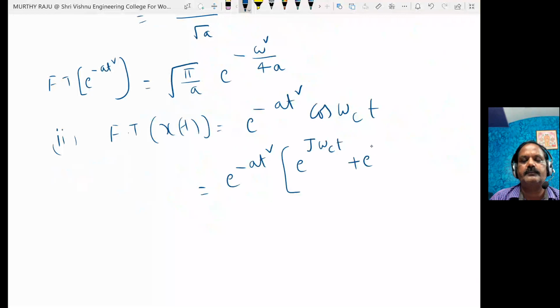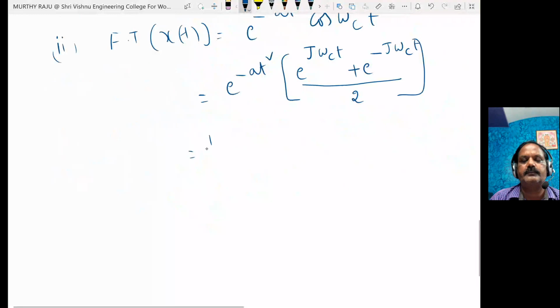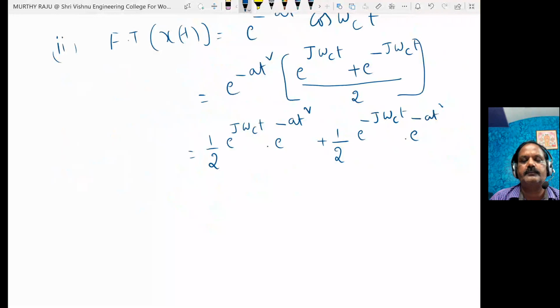So this one is 1 by 2 e power j omega ct into e power minus at square plus 1 by 2 e power minus j omega ct into e power minus at square.